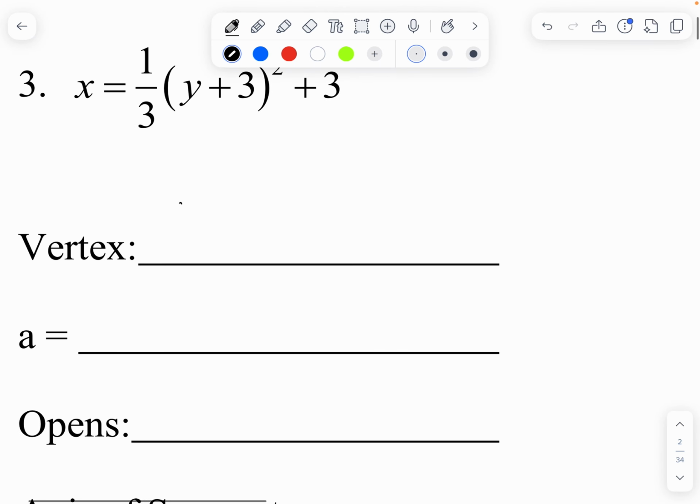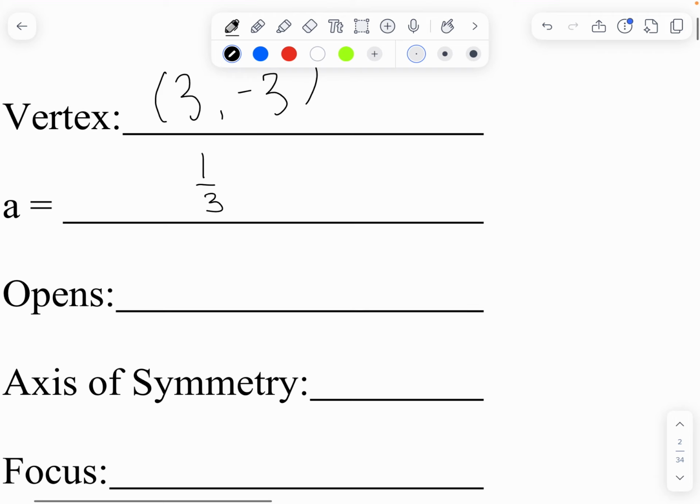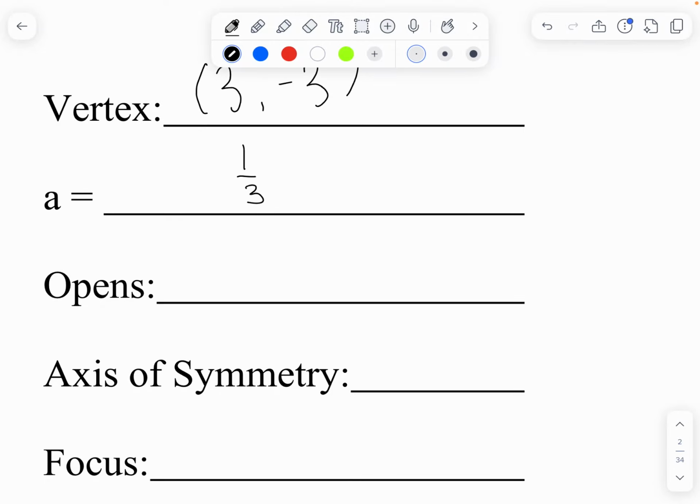So the vertex of this is at 3, negative 3. A is 1/3. And it opens to the right since it is positive.